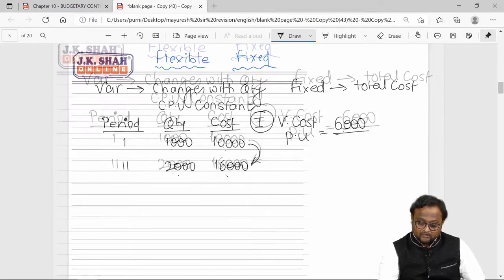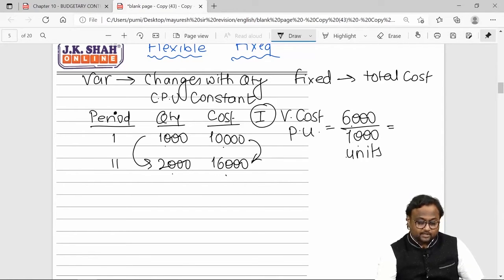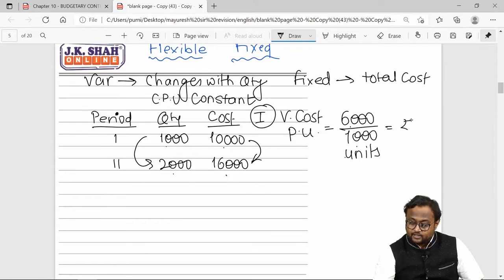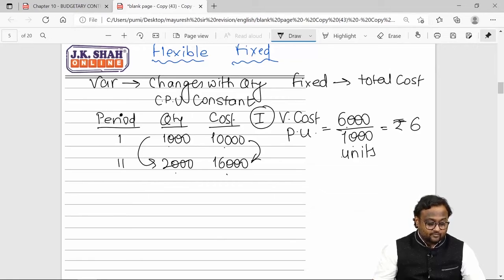That is definitely because of difference in quantity. So I increased quantity by 1000 units. My cost went up by 6,000 rupees. That means definitely 6 per unit is my variable structure.